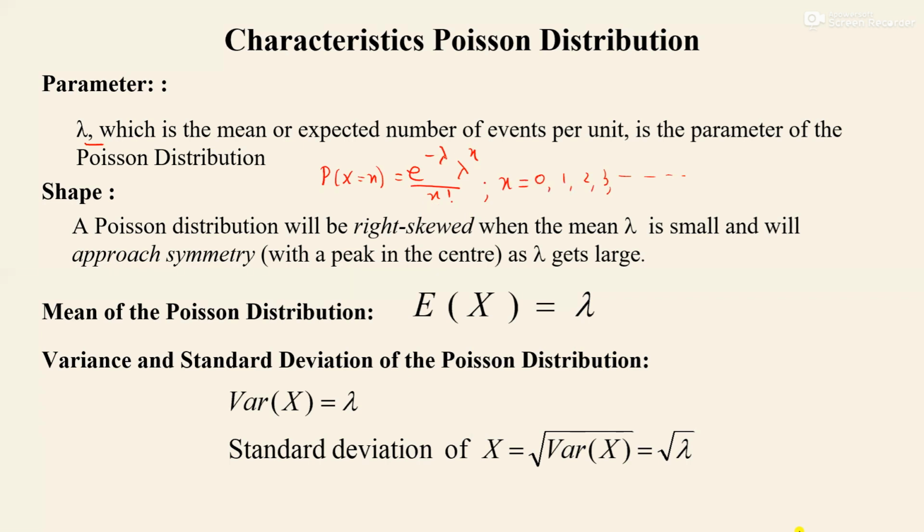If we know lambda, then all the probabilities can be calculated. Both e to the power minus lambda and lambda to the power x you can get from the calculator. Then you can calculate the values.